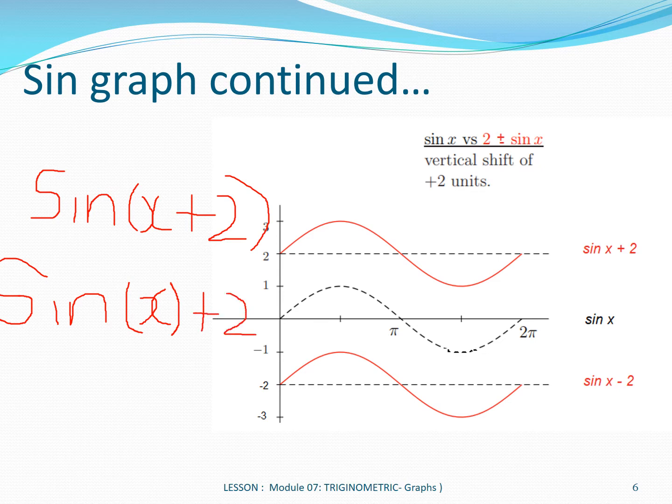You should look at that. So what we are talking about here is this one. When we say sine x plus 2 or minus 2, we are actually speaking of the second one, this one right here. Okay, please notice the difference and make sure that you get it right.